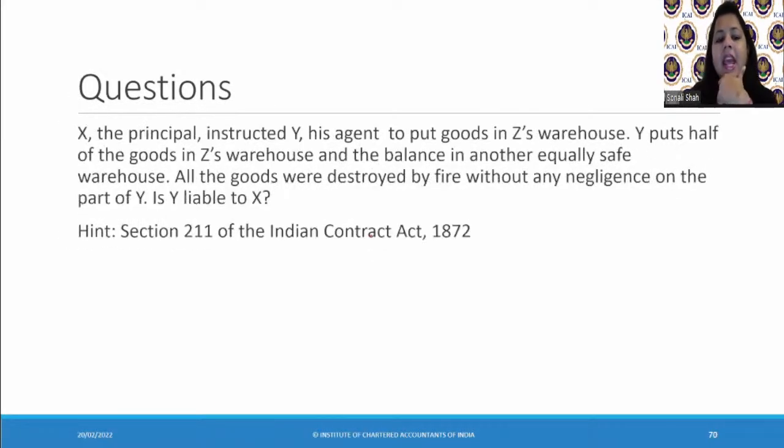Next question. X, the principal, instructed Y, his agent, to put goods in Z's warehouse. Y puts half of the goods in Z's warehouse and the balance is in another equally safe warehouse. All the goods were destroyed by fire without any negligence on the part of Y. Is Y liable to X? Please tell me. Is Y liable to X?